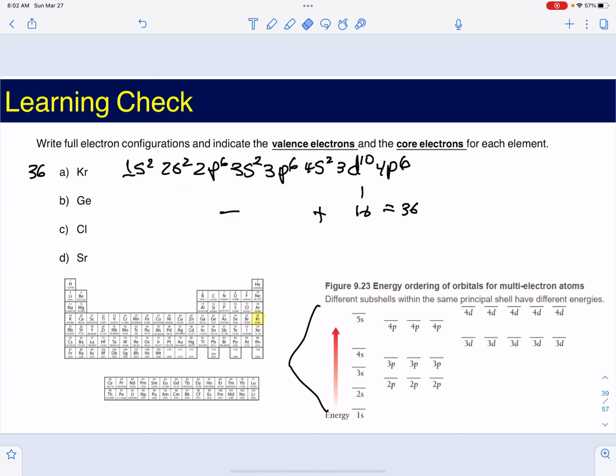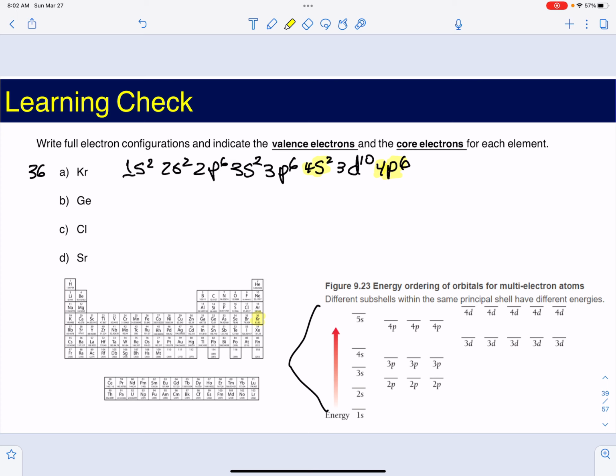So how do we identify the valence electrons? Well, the valence electrons will always be the ones on the higher number. So what do we have on the higher number? 4s2 and 4p6. So those are my valence electrons. What are going to be my core electrons?